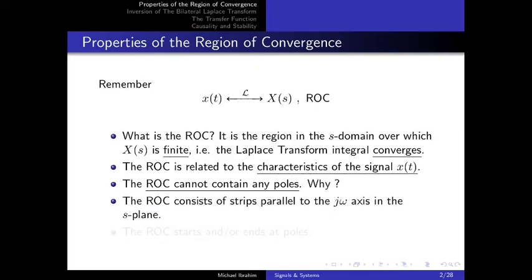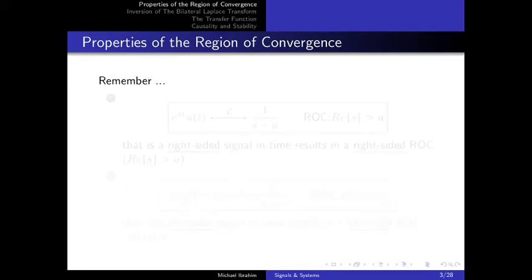The region of convergence consists of strips parallel to the j omega axis in the S domain, as we've seen in the few examples we had in the very first lecture, and as we're going to see in the next few examples. The ROC starts and ends at poles, so determining the location of poles will help us get the region of convergence, and knowing the region of convergence will help us get the poles.